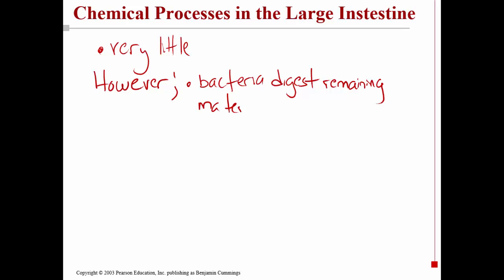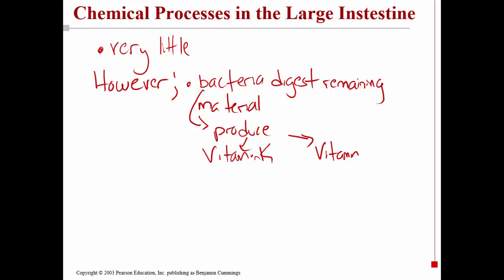And some of these bacteria produce two important vitamins, and these are called vitamin K and vitamin B. I should say the B vitamins. So these include, there's a lot of B vitamins, B1, B2, B6, B12, there's a whole bunch of them. So these bacteria live in our large intestine.